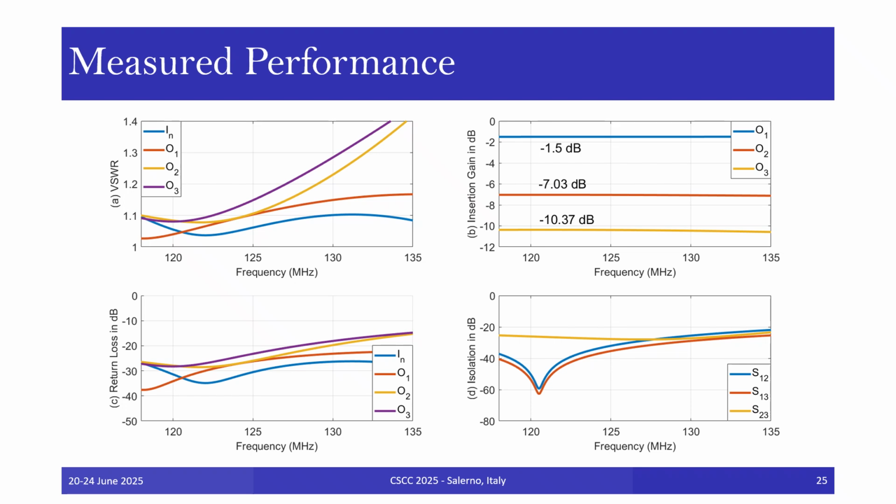A return loss of less than -28 dB was obtained on each port at a frequency of 1 to 1.5 MHz, while a good isolation of around -60 dB from port 1 to ports 2 and 3 and an isolation of -27 dB between ports 2 and 3 were measured.